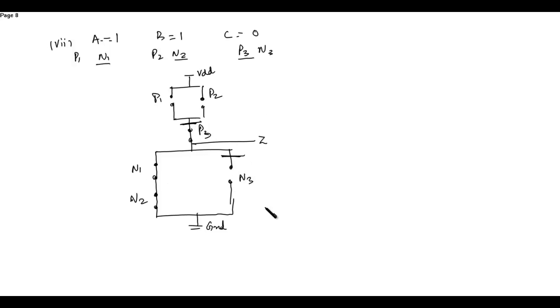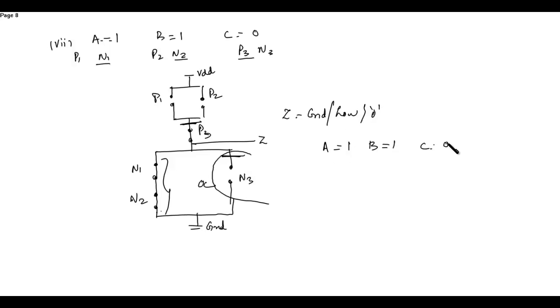Here N3 will block the flow of low voltage, and here N1 and N2 both are shorted. So this is in parallel, so the open circuit will not affect. So the obtained output will be again ground or low voltage or 0. So when A is equal to 1, B is equal to 1, C is equal to 0, then output will be 0. Now let's see the final condition.